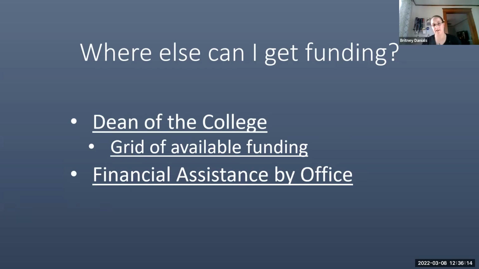Yeah, I just want to add that my dean was incredibly helpful in helping me navigate this grid if you open up that PDF document, because I'm looking for specifically travel, but there were some educational expenses, and she was really a great resource to help me figure out a little bit of what I could qualify for. She also had access to the funding that I had been receiving, so she also let me know when I kind of maxed out my opportunities.